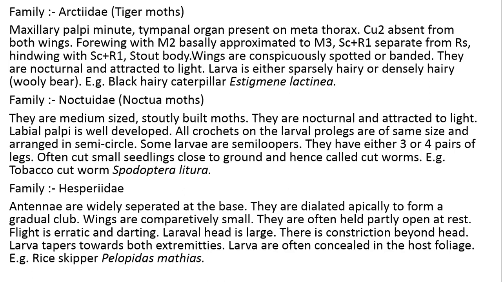Noctuidae, noctuid moths. They are medium-sized, stoutly built moths. They are nocturnal and attracted to light. Labial palpi are well developed. All crochets on the larval prolegs are of the same size and arranged in a semicircle.